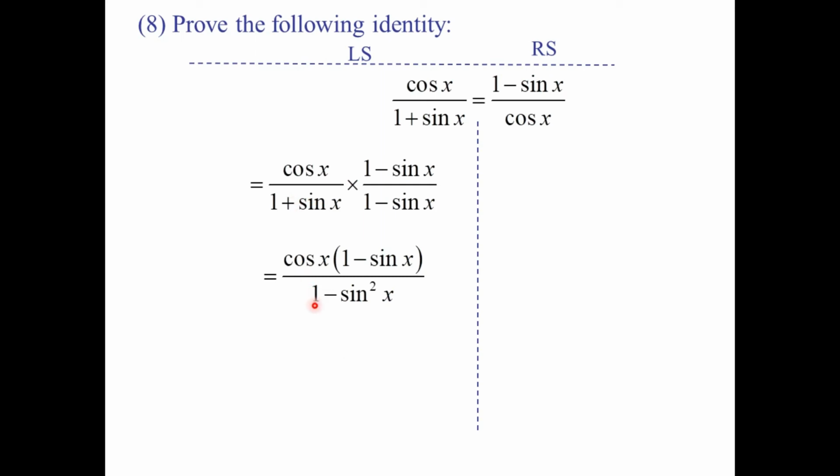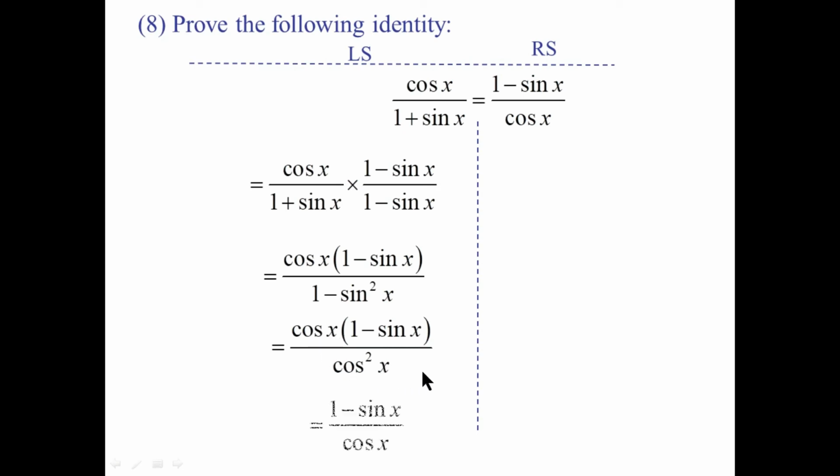So the denominator has become this. And that's an expression that we know. That's cos squared. Now the cos and the cos squared reduce, and we have this expression, which is the right side.